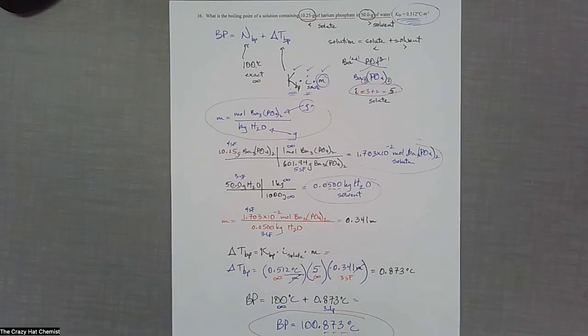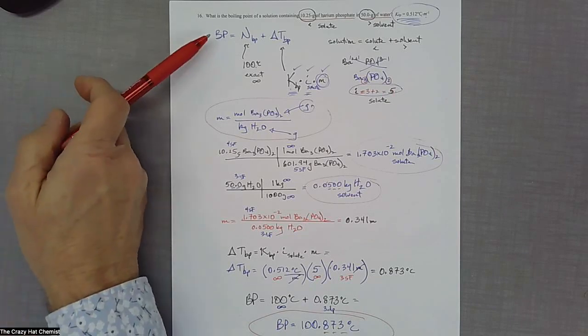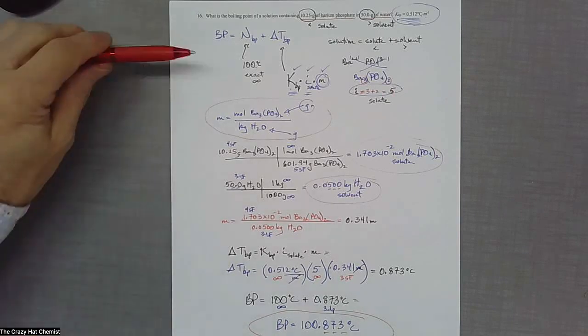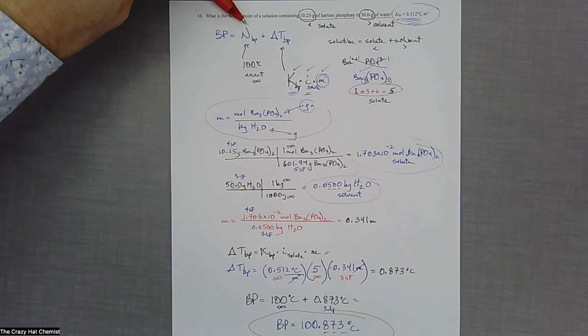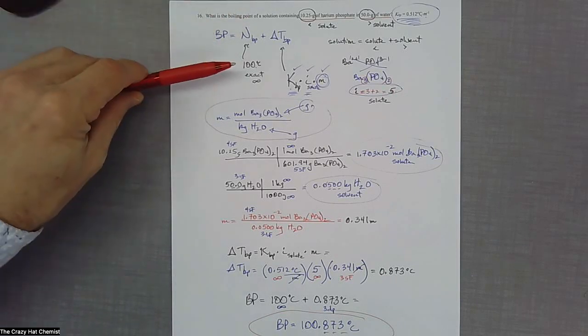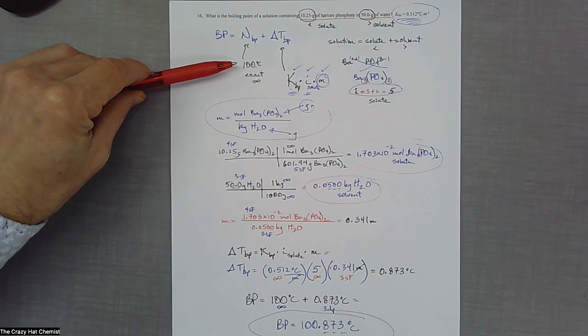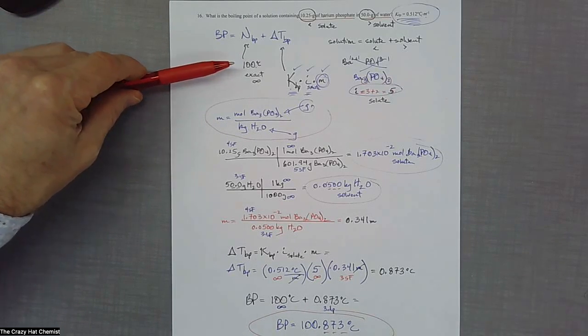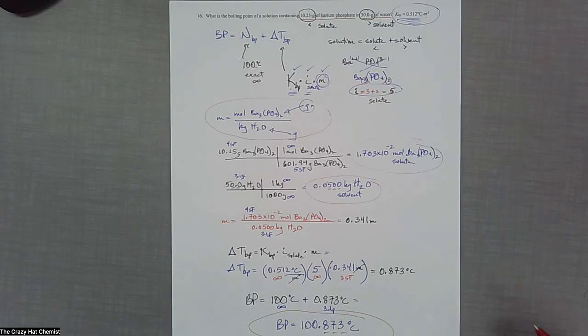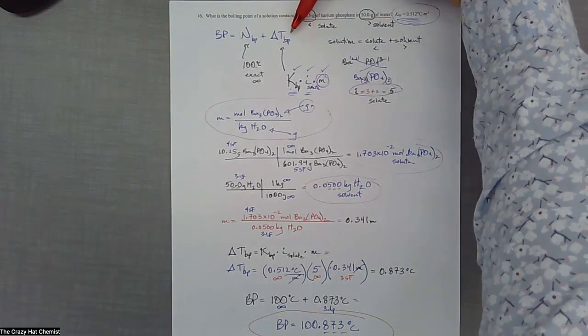So just as a quick little recap here, the boiling point is what we are trying to solve for. We have the normal boiling point of the solvent. That is an exact number since it's not given in the problem. That's 100. And you know that because the normal boiling point of water is 100. Then we're going to add the change in temperature of the boiling point.